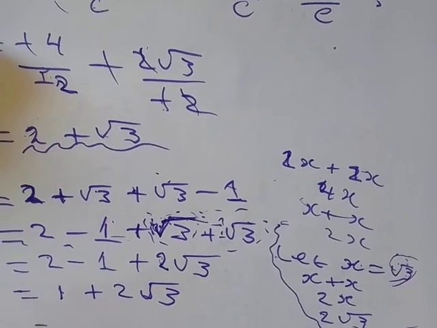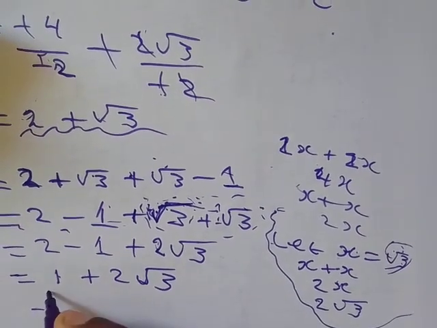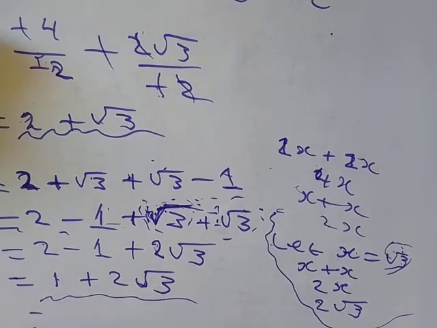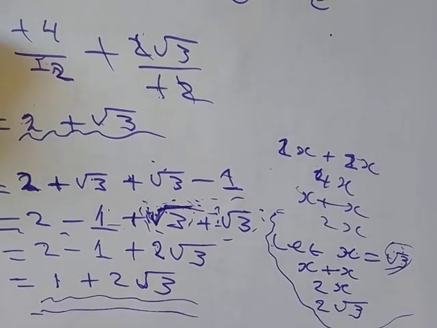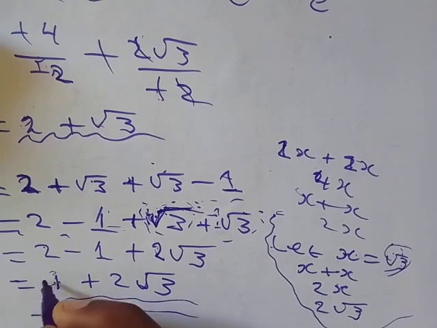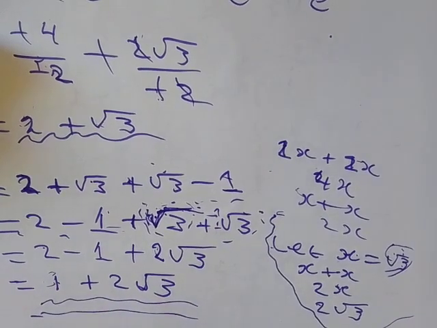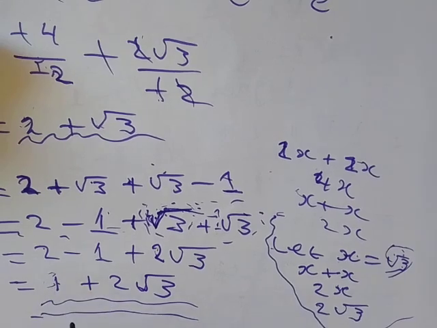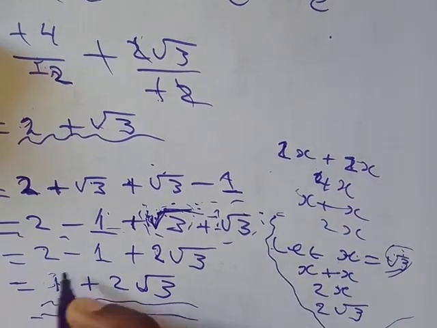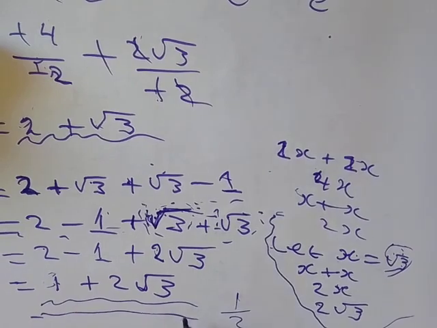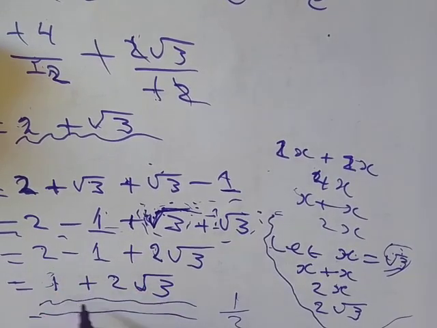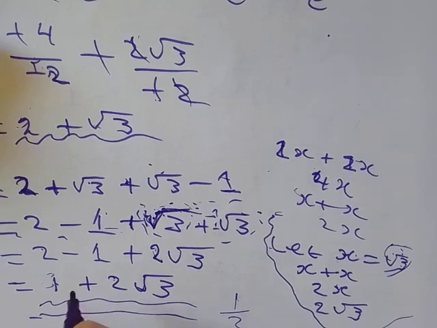Okay, so right now we have found the final answer. Now, as you can see, like I said, this is our A, this is our B. So they are not irrational, they are rational. Why? Because we don't have anything like 1 over 2. There is nothing expressed in fractional form or decimal form.